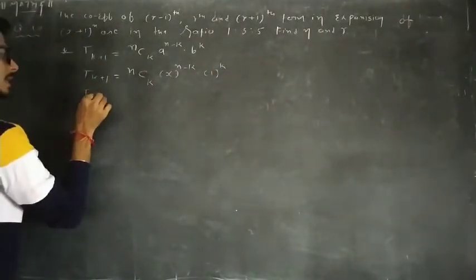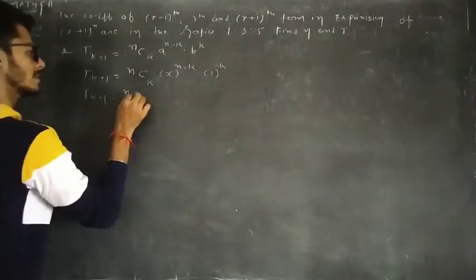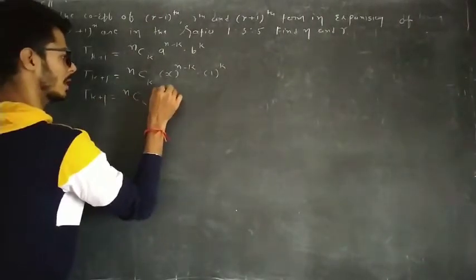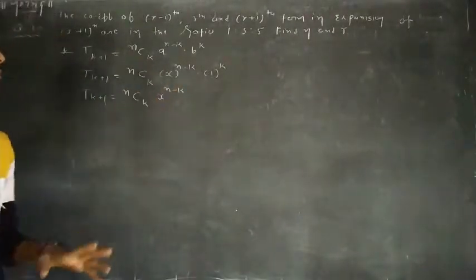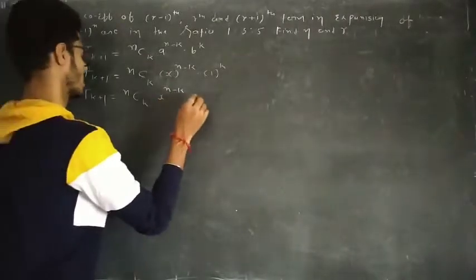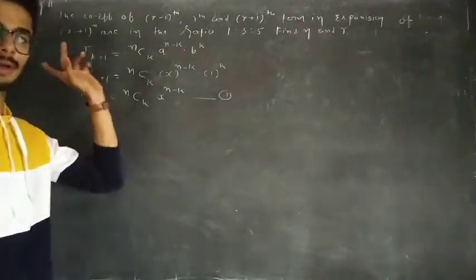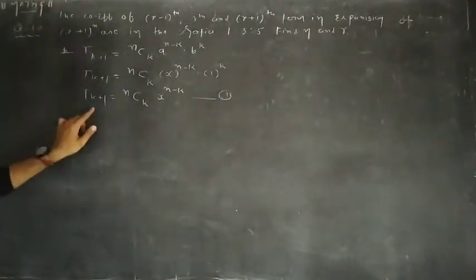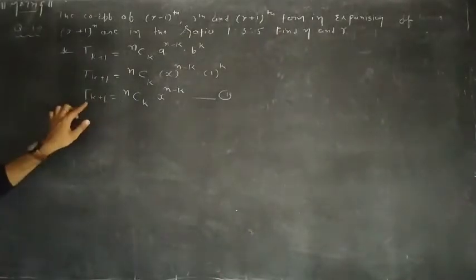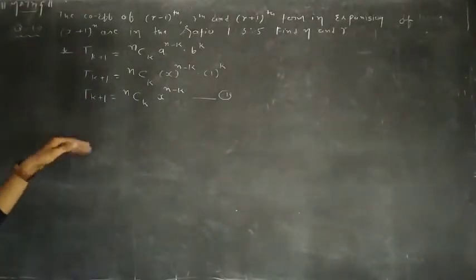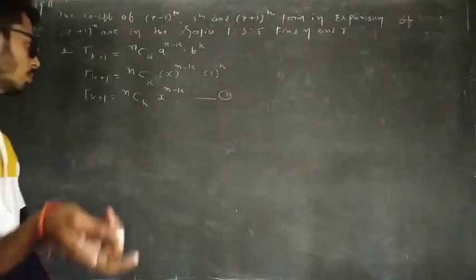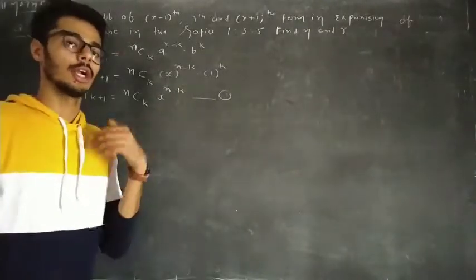Ultimately T(k plus 1) is equal to nCk x raised to n minus k, since 1 to any power gives us 1 only. This is equation number 1, the general term of our expansion, where r is replaced by k. In this equation we have to put different values of k.